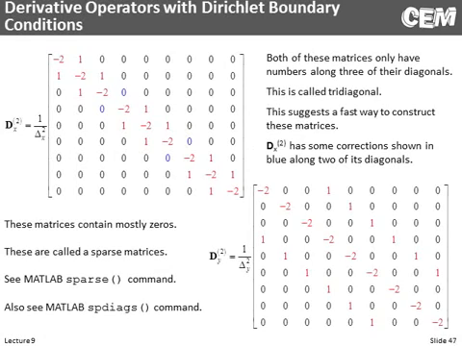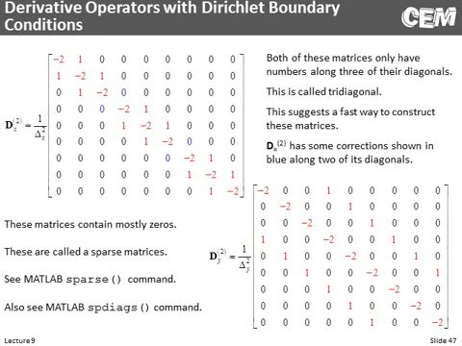So let's look at these matrices. These are on 2D grids, and they are performing second order derivatives in the x and y directions separately. Some things I want to point out. While they're a little bit weird to derive, they're actually very simple to construct.